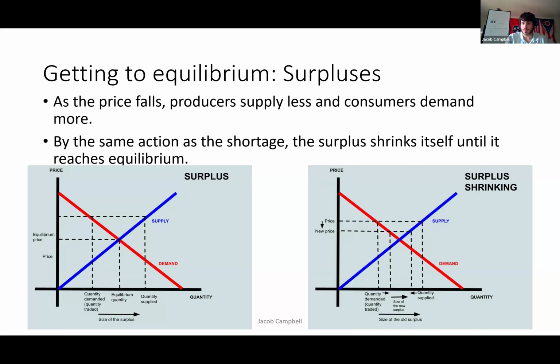Not enough people are showing up and product is going unsold. And make no mistake, that is equally wasteful, perhaps even worse, because scarce resources are being used to produce those unsold goods that benefit nobody. But like the shortage, the surplus is going to automatically correct itself.